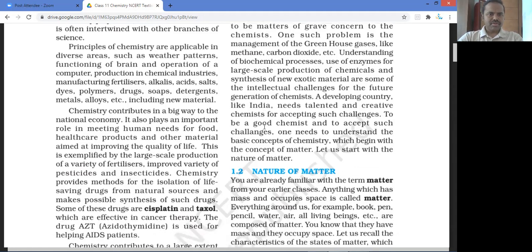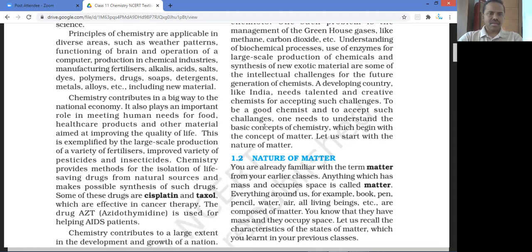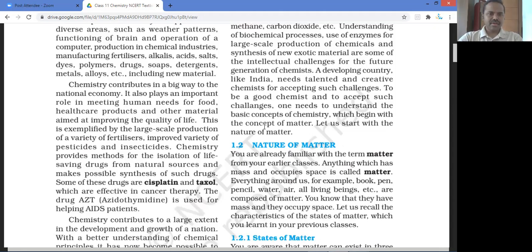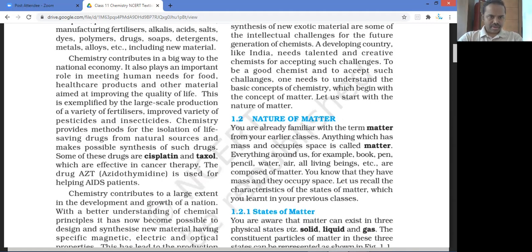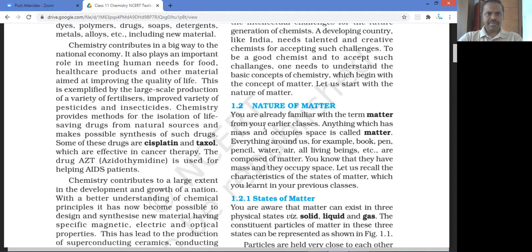It plays an important role in meeting human needs for food, health care, and other materials aimed at improving life. It provides methods for isolation of life-saving drugs. Some of the drugs are cisplatin and Taxol, which are effective in cancer therapy. AZT, azidothymidine, is used for helping AIDS patients.